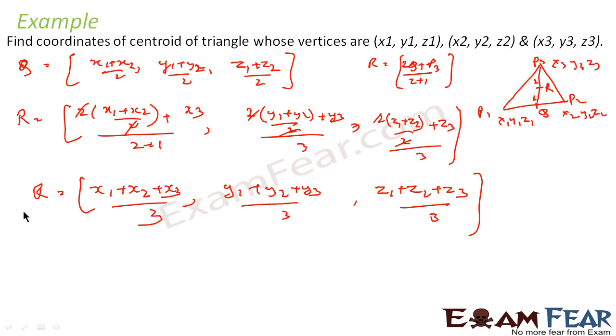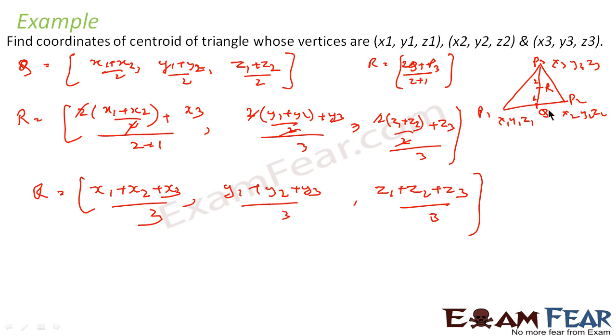This is the value we have got. So if you want to find the centroid of the triangle, it is ((x1 plus x2 plus x3) by 3, (y1 plus y2 plus y3) by 3, (z1 plus z2 plus z3) by 3), where (x1, y1, z1), (x2, y2, z2), (x3, y3, z3) are the coordinates of the points of the triangle.